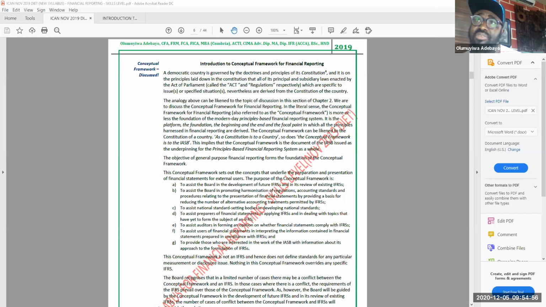Now, when you look at the Conceptual Framework, you can liken it to the constitution of a country. What does that mean?